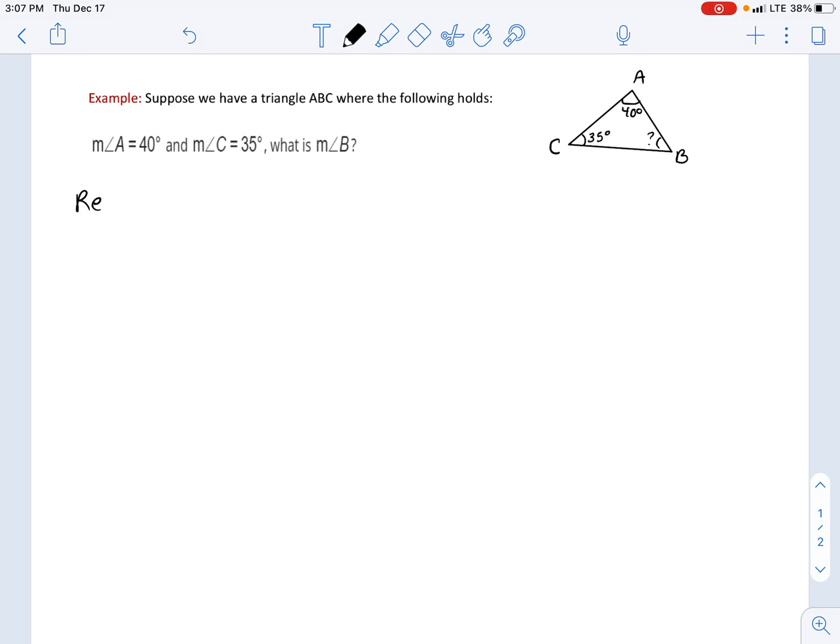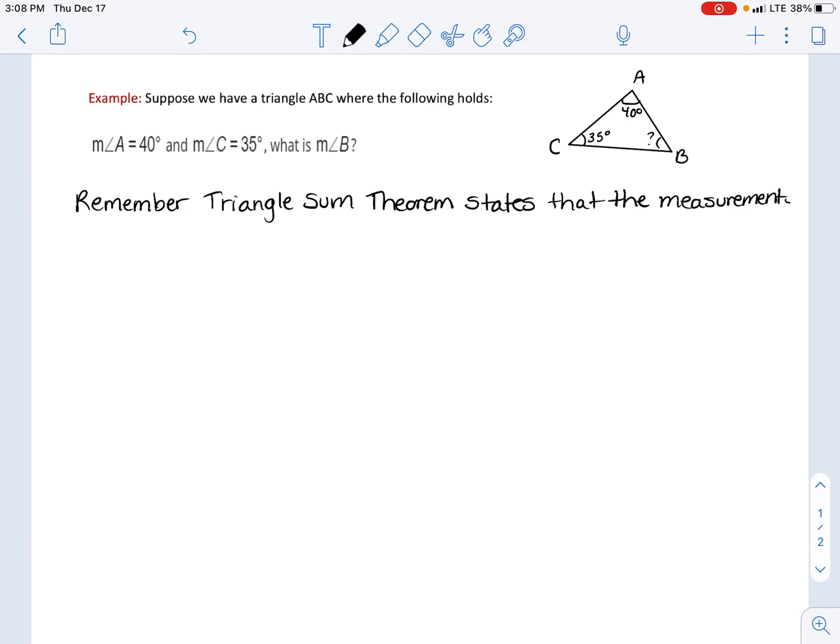So remember, the triangle sum theorem states that the measurements of the angles inside of the triangle add up to 180 degrees.